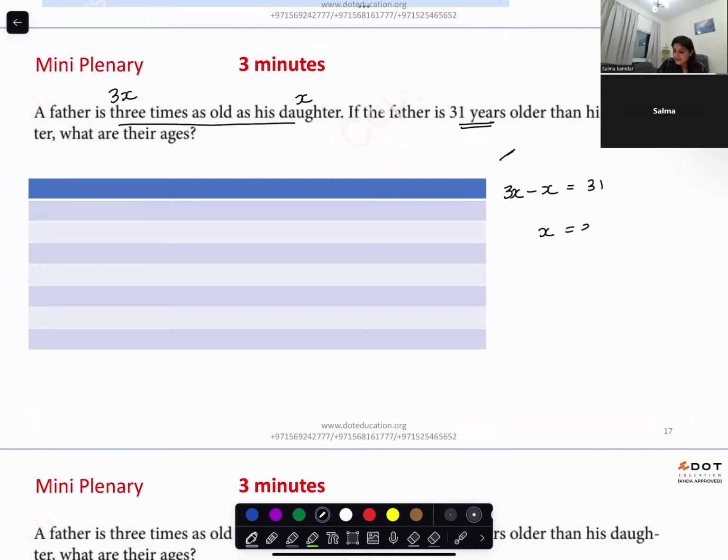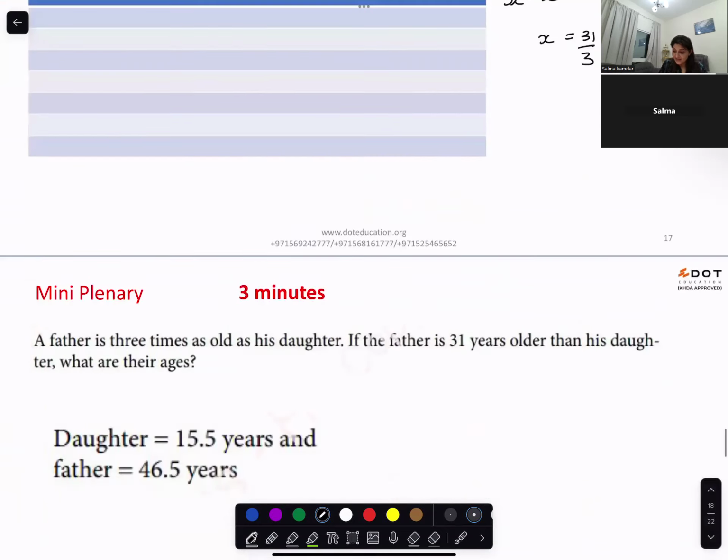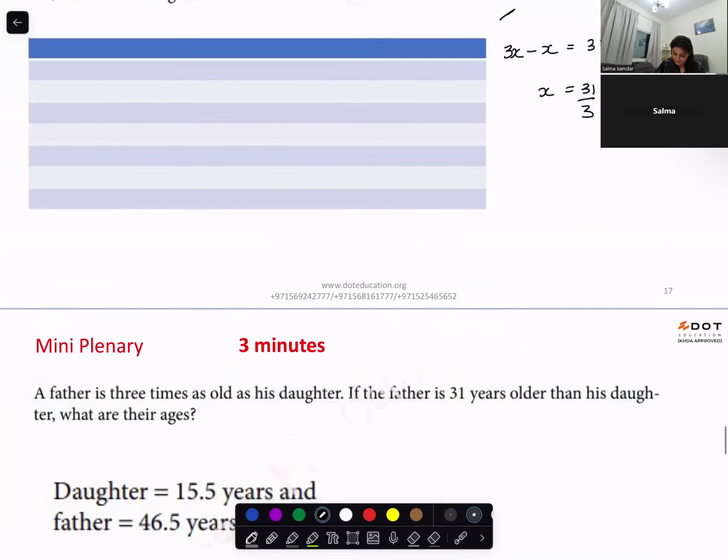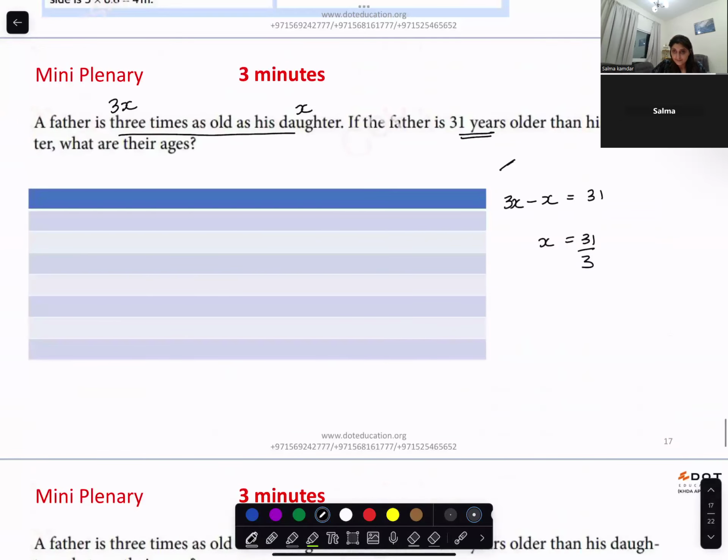So I would say x is 31 by 3. If I divide it, I'm going to get... I've done a mistake over here. 3x minus x is 2x. So my x would be 31 by 2. 31 divided by 2 is 15.5.